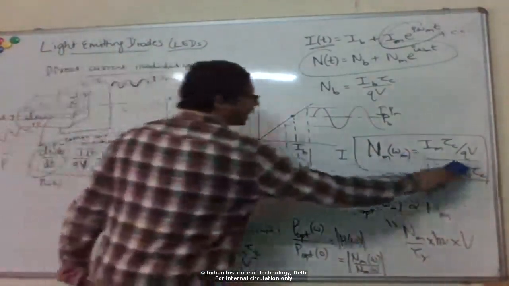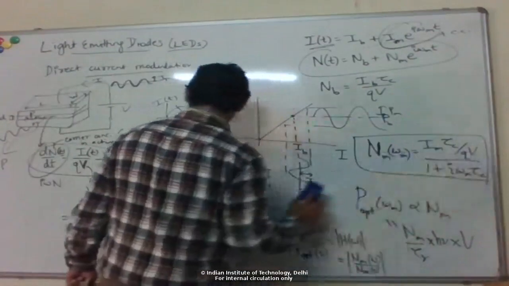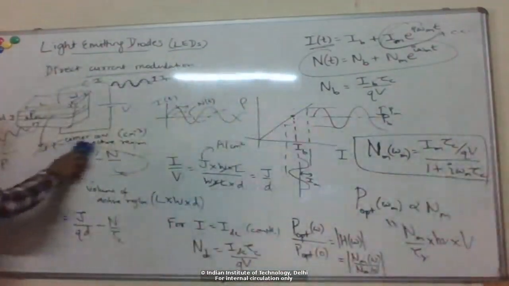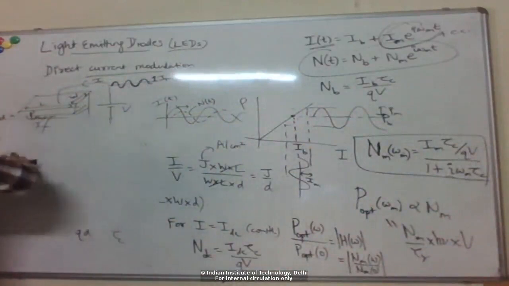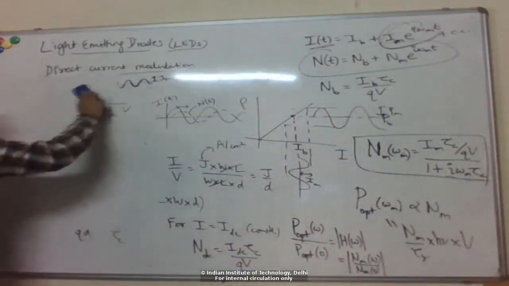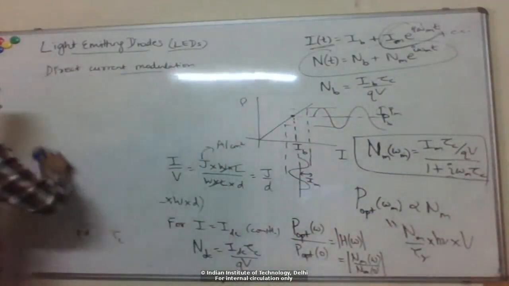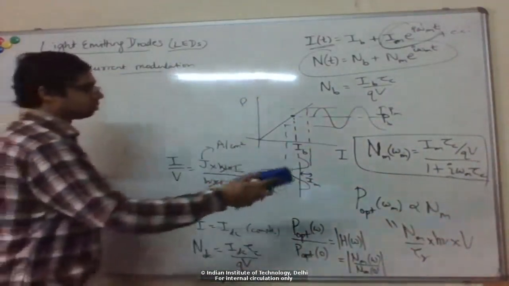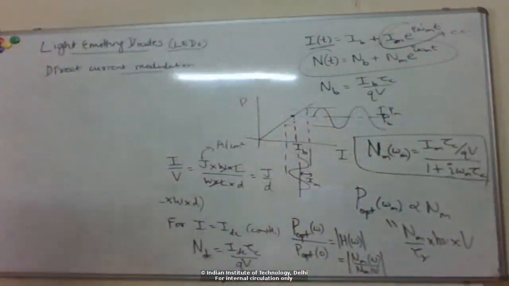So you can see when I take the magnitude here, I take the square root of 1 plus omega square tau square. So you can see basically now directly that the frequency response just depends on the carrier lifetime, the total carrier lifetime, because that's the only time scale in the device, right?